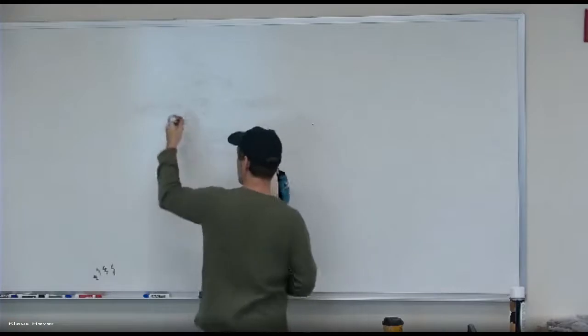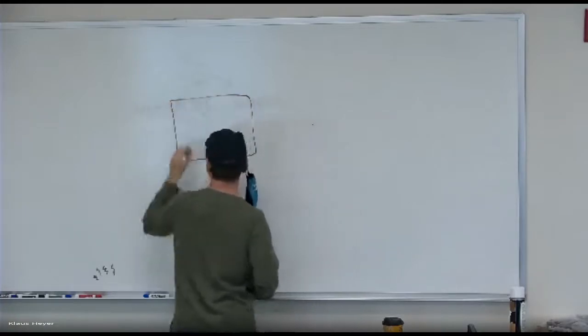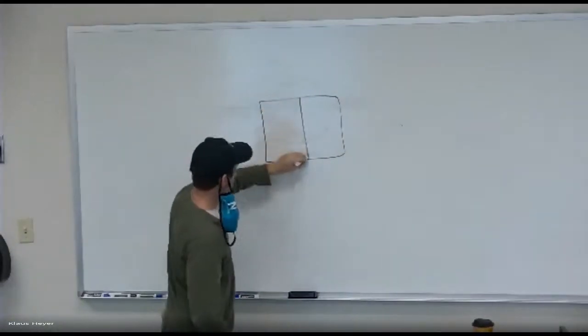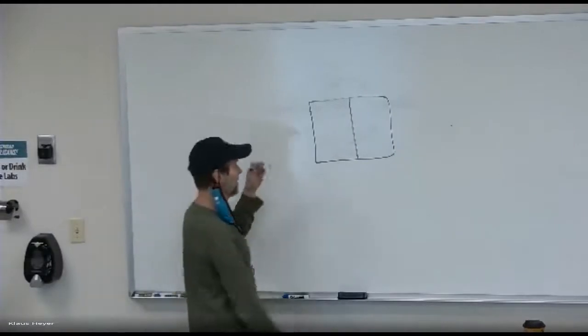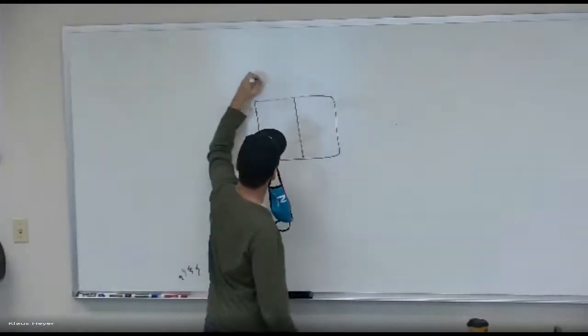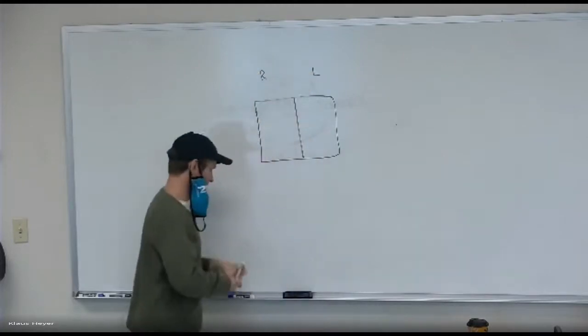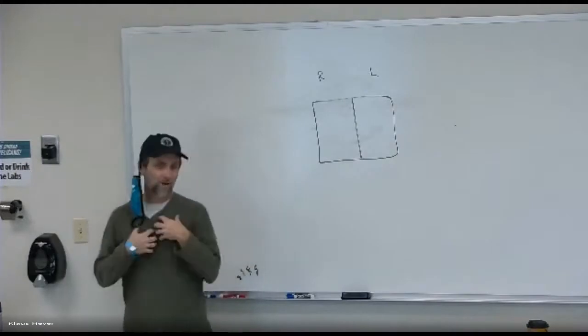Not how it is, but I'll just draw it as a box. It's essentially a pump, and we're going to divide that in half. So there's a right side and a left side of the heart. It's written backwards here because of anatomical position, right? It's as if my heart's facing you.